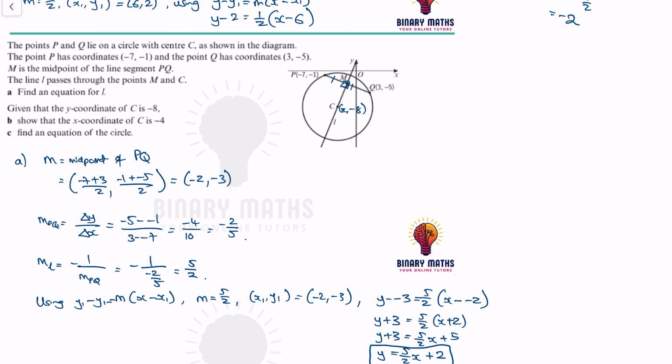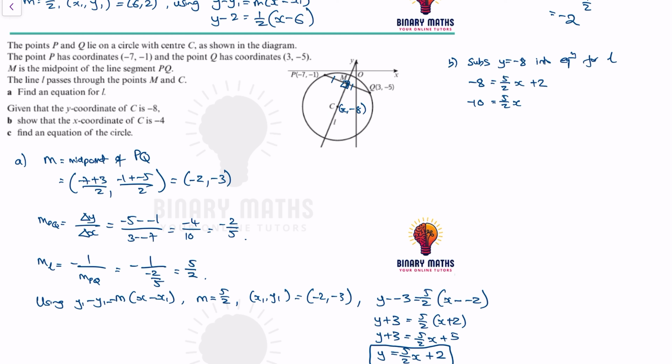Now because C lies on L, it must satisfy L. So for part B, I substitute y equals -8 into the equation for L, which I've worked out in A. Okay, so I end up getting -8 is equal to 5 over 2x plus 2, which means I get -10 is equal to 5 over 2x.